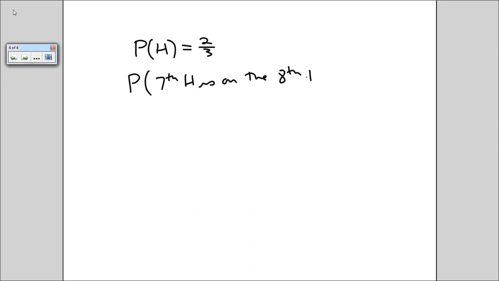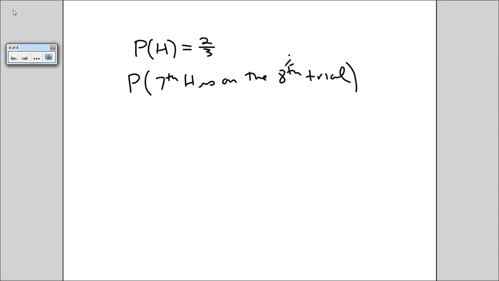Suppose now you have a biased coin. In this case, the probability of heads is 2/3. 2 out of 3 times you'll get a head, which means 1 out of 3 times you'll get a tail. What is the probability that the 7th head is on the 8th trial?